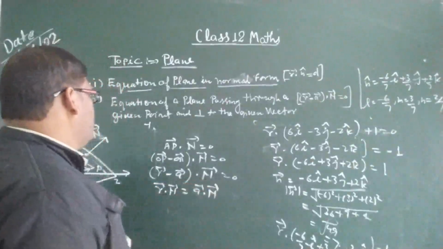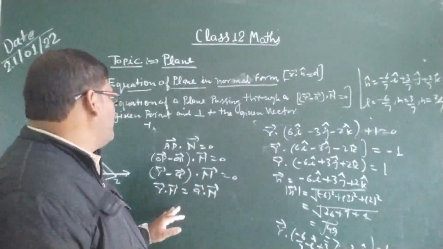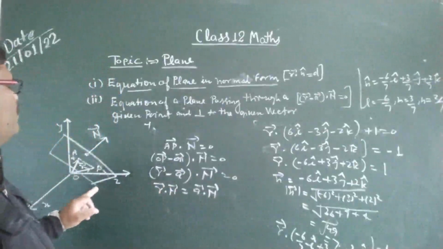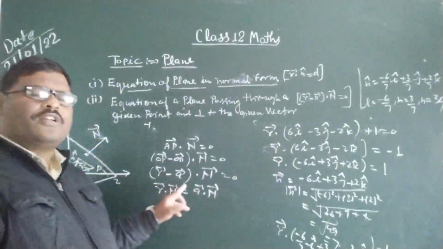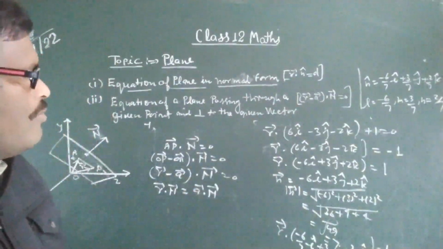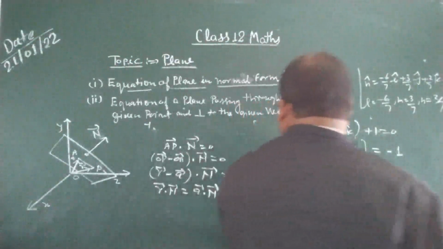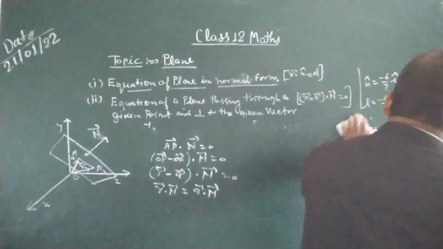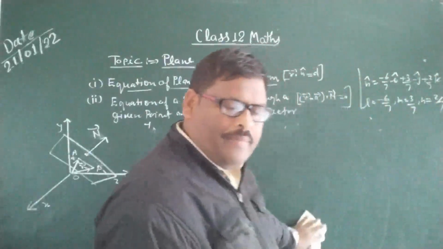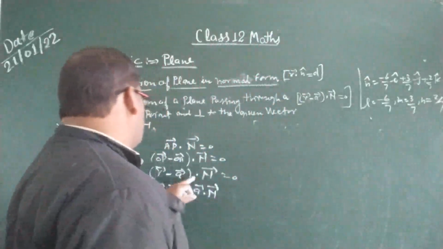Suppose that the direction ratios of the given vector n are a, b, c, and the point A has coordinates x1, y1, z1, which lies on the plane, and vector n will be a i cap plus b j cap plus c k cap, that is perpendicular to the given plane.